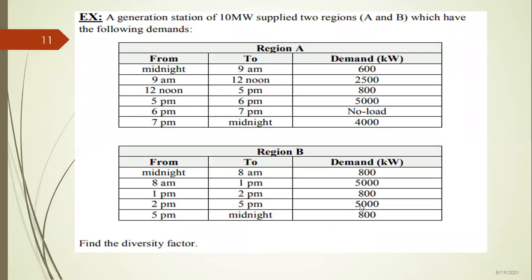It is again 5000, for 8 to 1 and again for 2 to 5 PM, but the maximum demand is 5000. If you consider the maximum demand, it comes out to be 5000. So in this numerical, you have to calculate the diversity factor. Go ahead and calculate it.